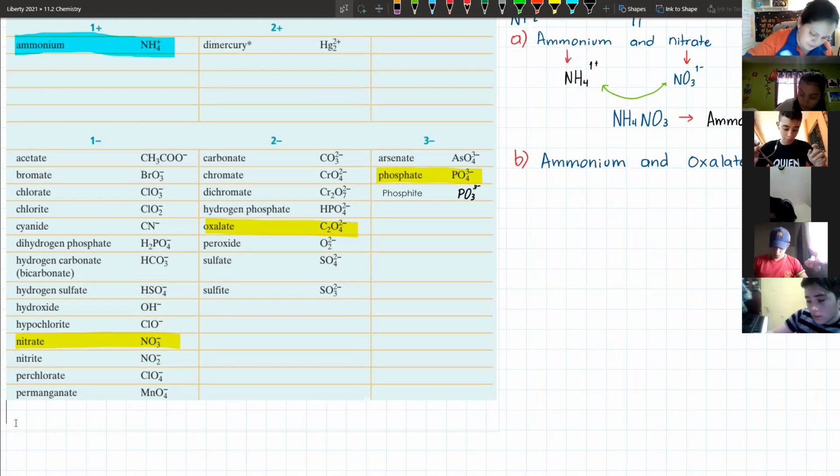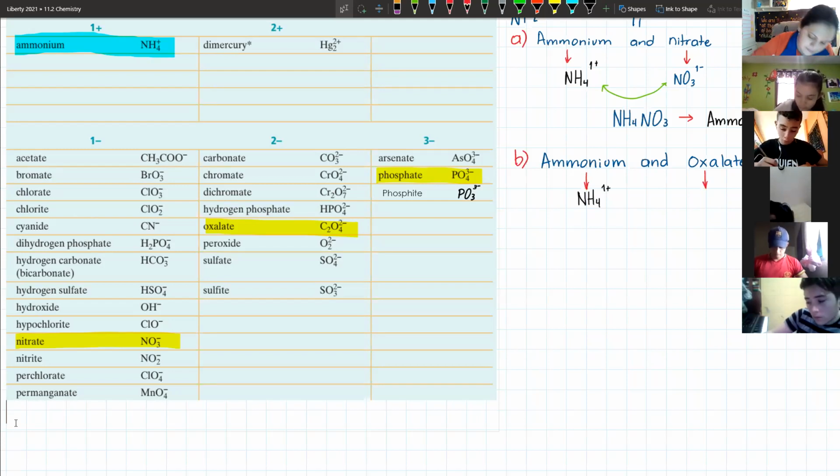So, formulas. For ammonium, NH4, with the charge oxidation state 1+.